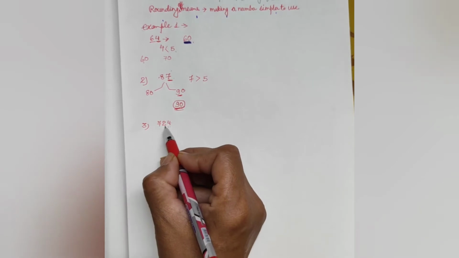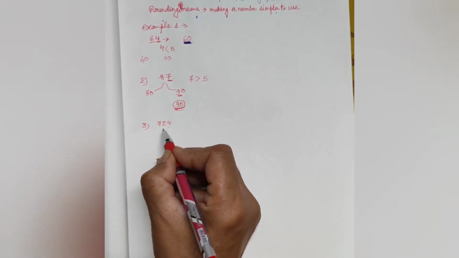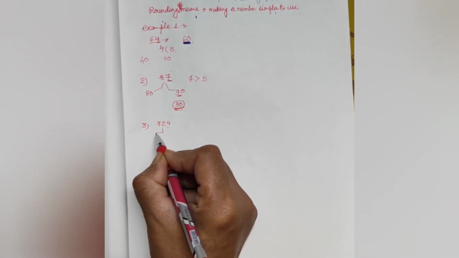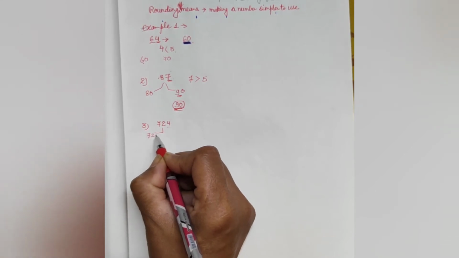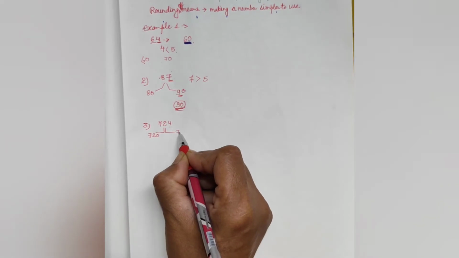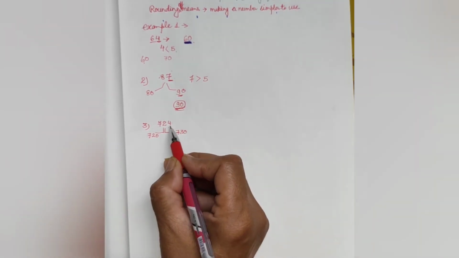In example 3, 724, we write the lower number, that is 720, and the upper number, which is 730. Always check the ones place digit.